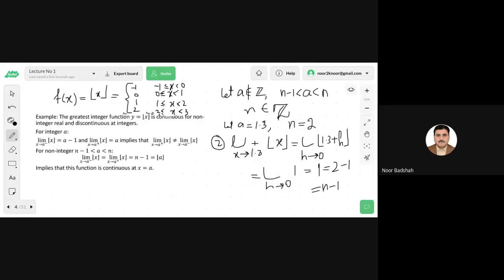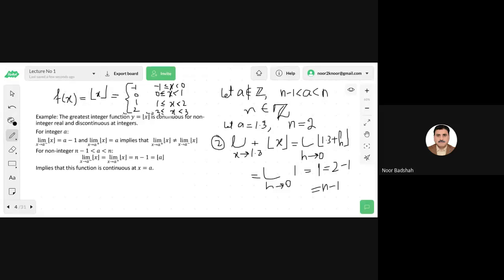You see, as I said, if a number is between 1 and 2, like 1.3, and you subtract a very small number from it, something like 0.01 or 0.001, not 0.7 or 1, something very small.